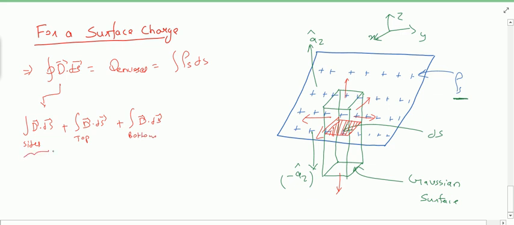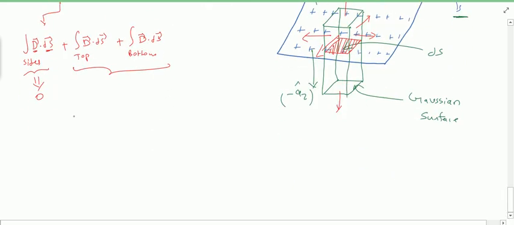Now the first value will become 0 because D is in the az direction, and the dS vector for the sides of this cuboid will be in either the x direction or the y direction, which means they are perpendicular, and the dot product for perpendicular vectors is 0. So this integral will be gone, and only the remaining integrals will be left.